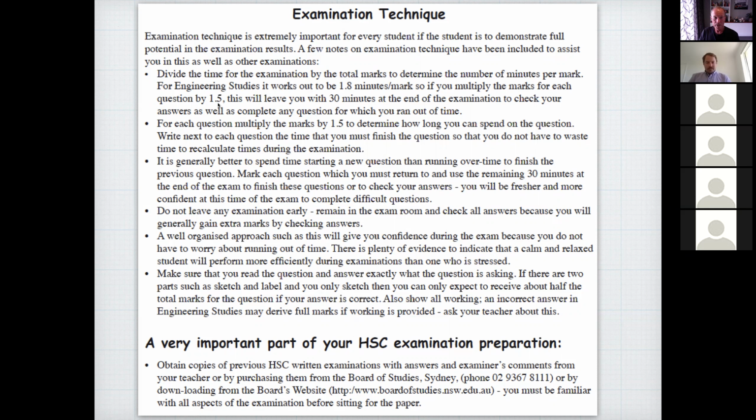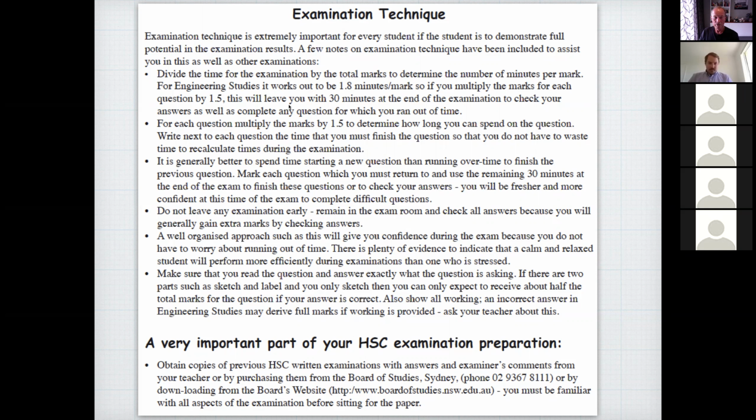So if the question is worth 10 marks and they start at, say, 10 o'clock, I get the students to write 10:15 at the beginning of that question. And so they work their way through.